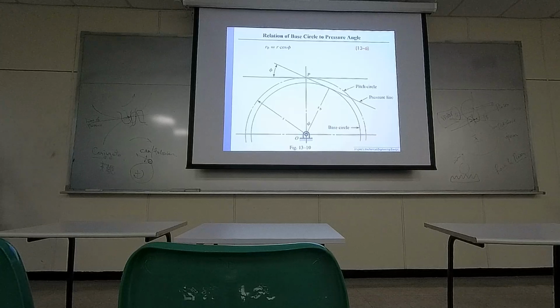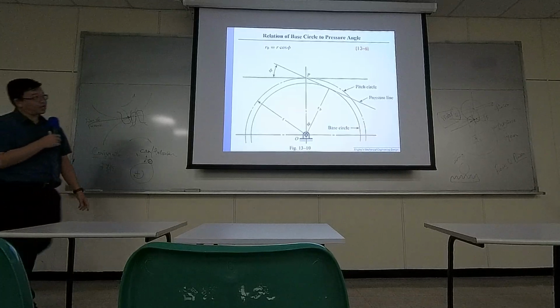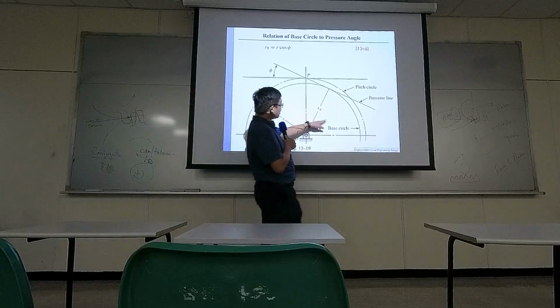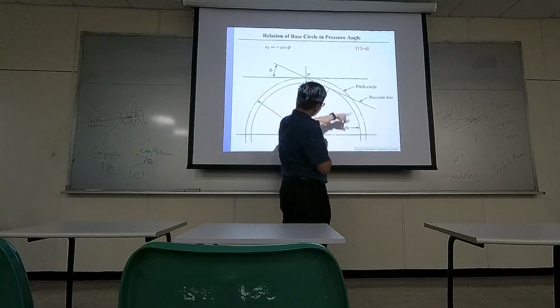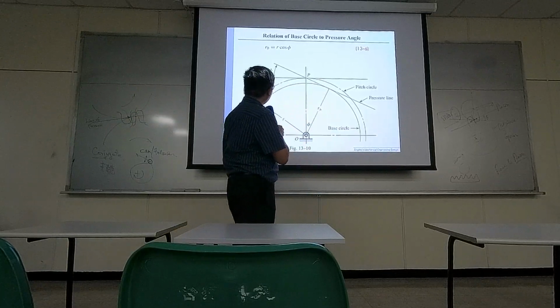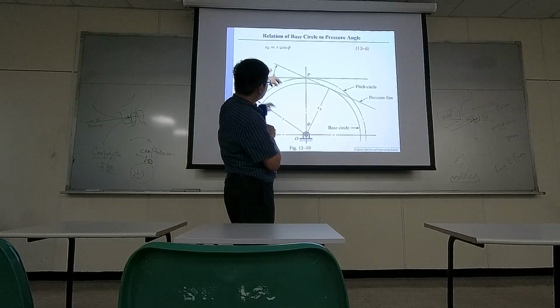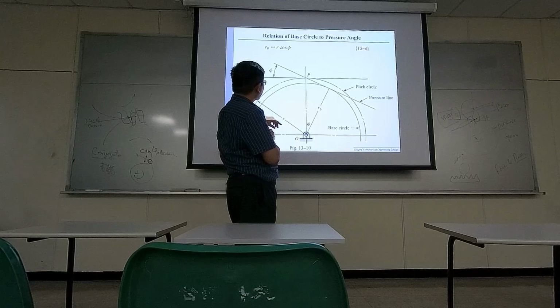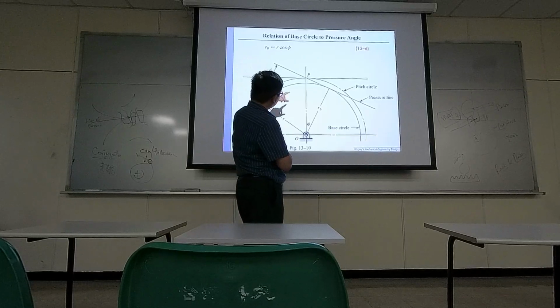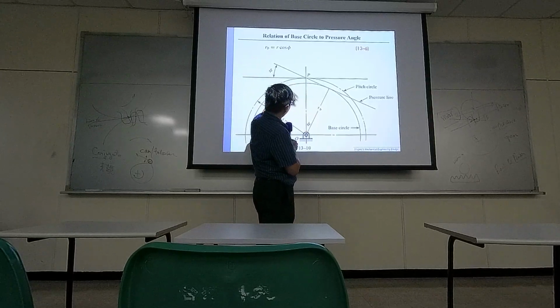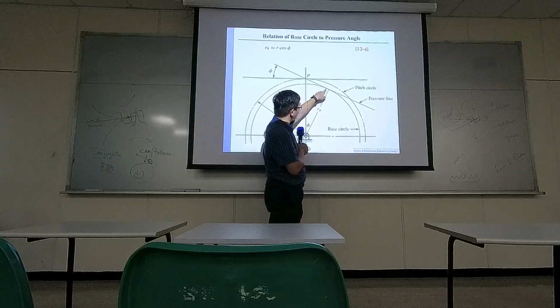Yeah, I already talked about the line of pressure, and this is basically, like I said, the base circle, the radius of the base circle. And because of the geometrical relationship, by symmetry, and this is a 90 degree right here.